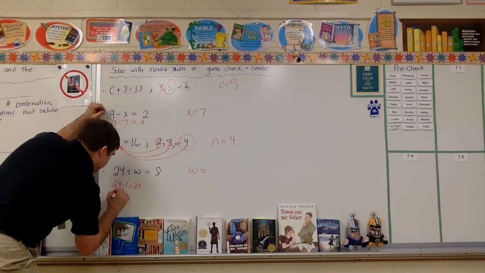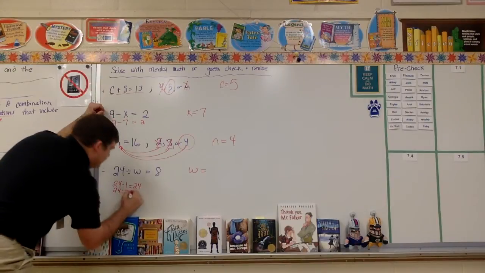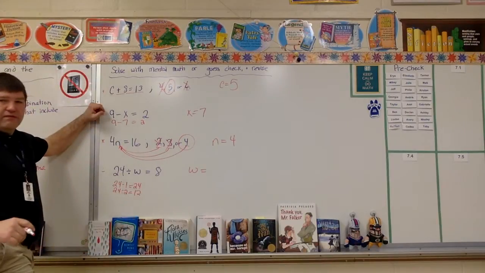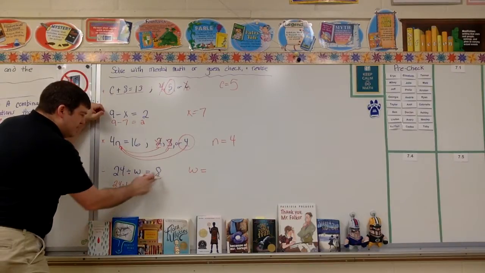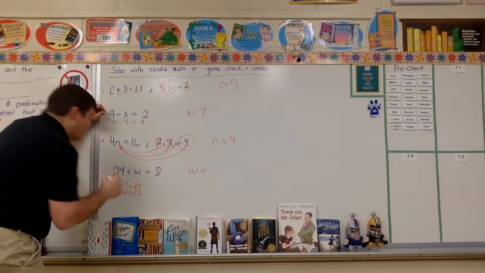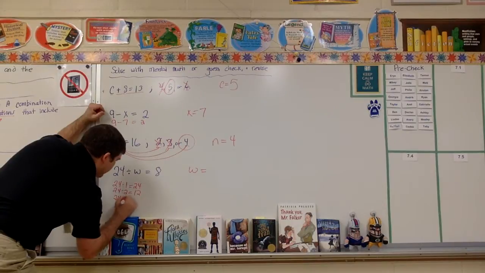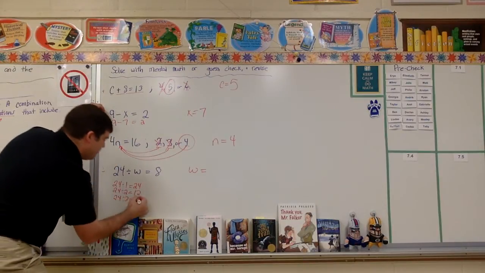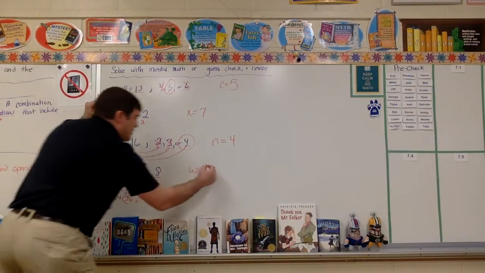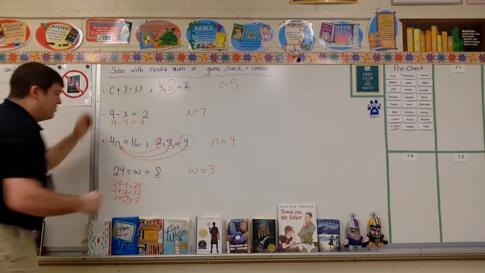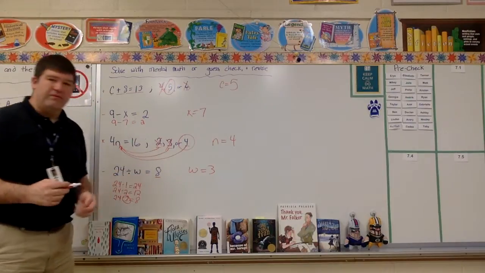I need something smaller. 24 divided by 2 equals 12. Ooh, just going by 2, that's so close to 8. I'm going to try 3. 24 divided by 3 equals 8. Bingo, I got it. So 3 is w. 24 divided by 3 equals 8.